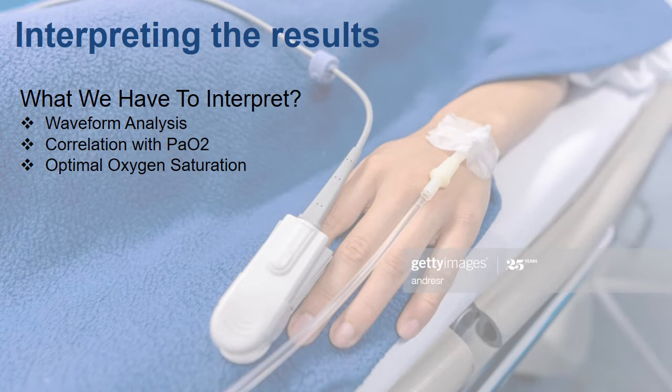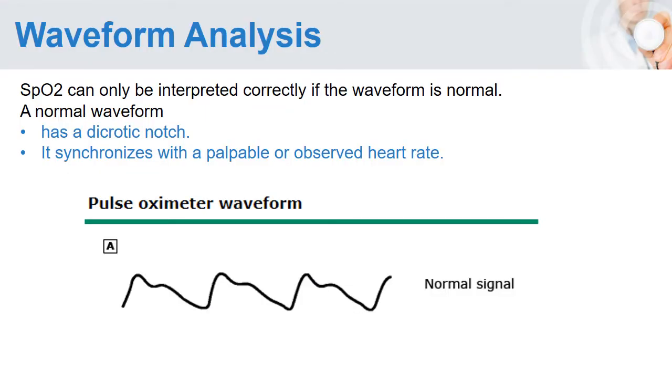What information can I get from pulse oximetry? We can get information in three ways: waveform analysis, correlation with PaO2 and SaO2, as well as optimal oxygen saturation in different patients according to different etiology. Okay, this is the waveform analysis.